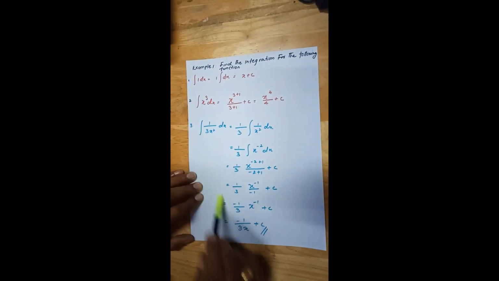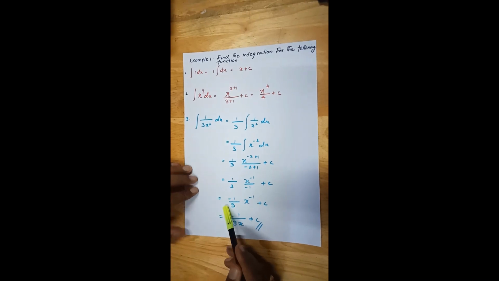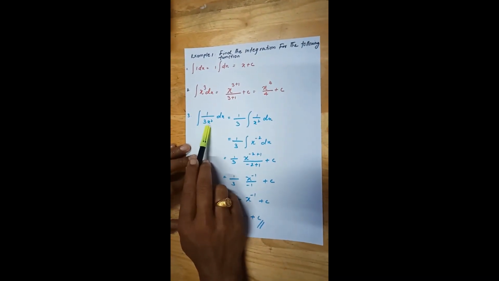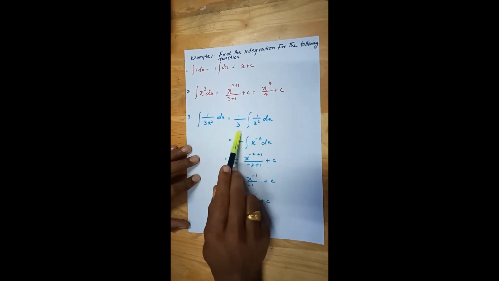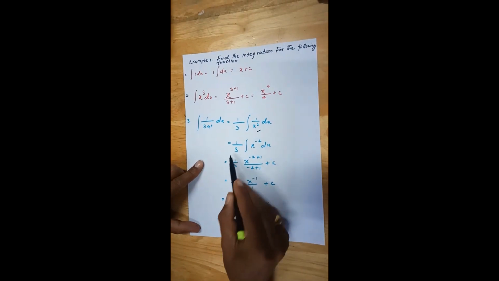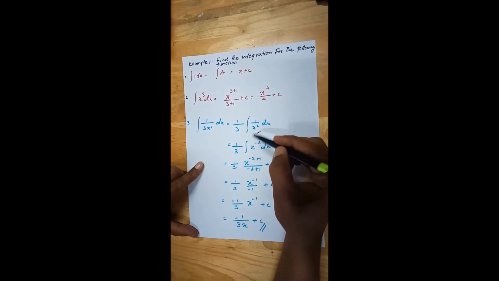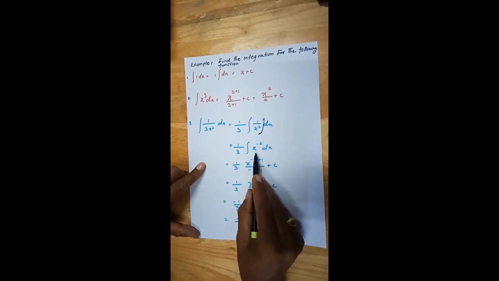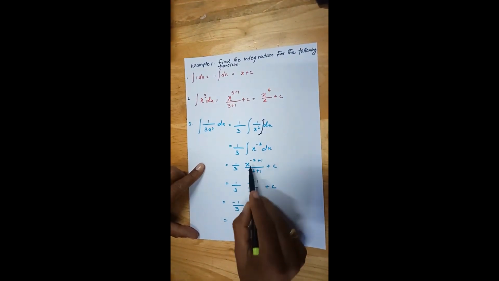Now if you look at example number 3 here, say integration of 1 divided by 3x square dx. First the constant will come outside the integration sign, then the remaining part will be here. Once you bring the constant outside, you take this value to the numerator. When you take it to the numerator, the sign of the power will change, so it's minus 2.